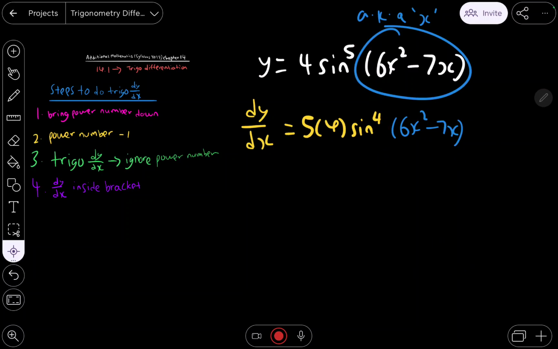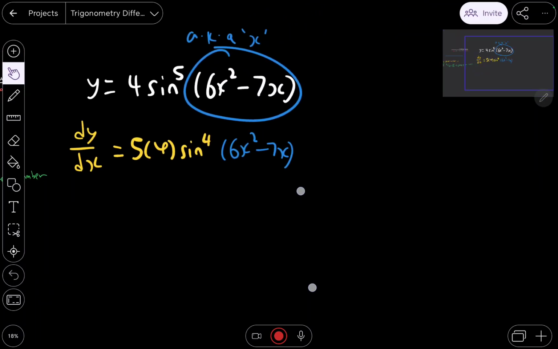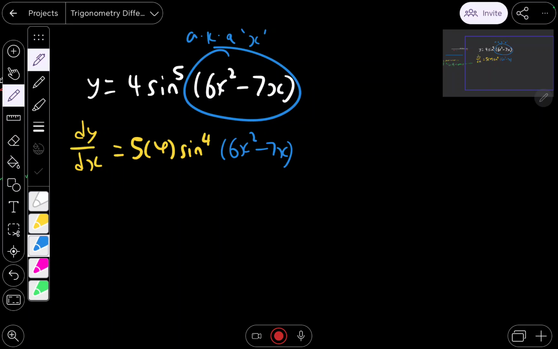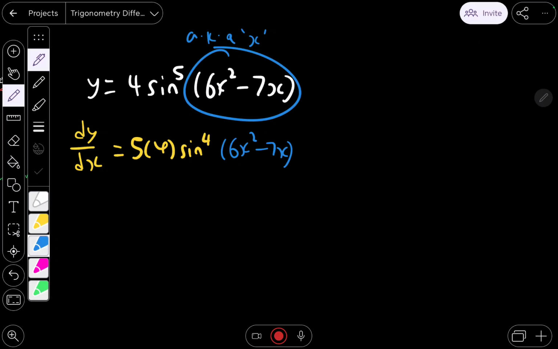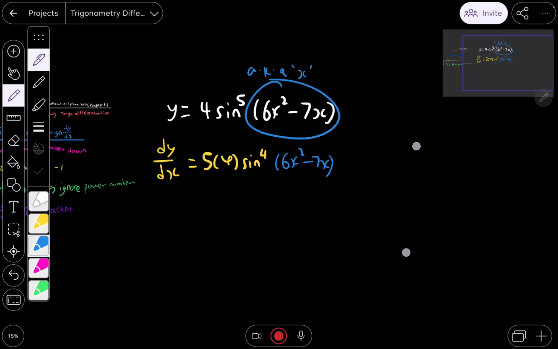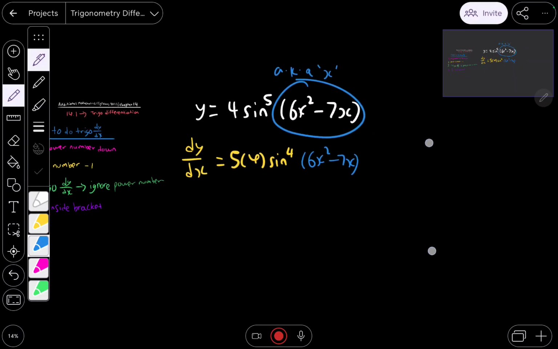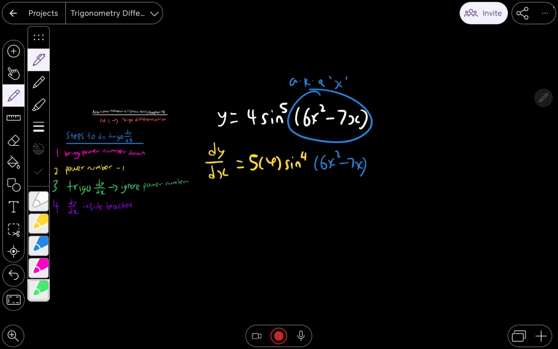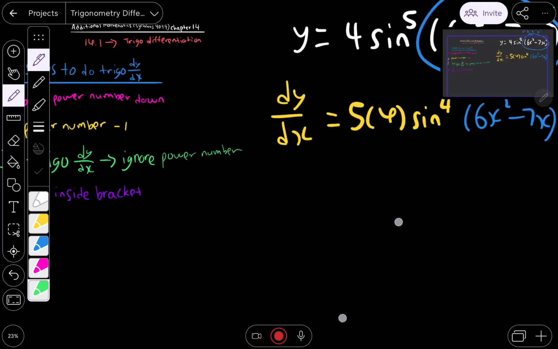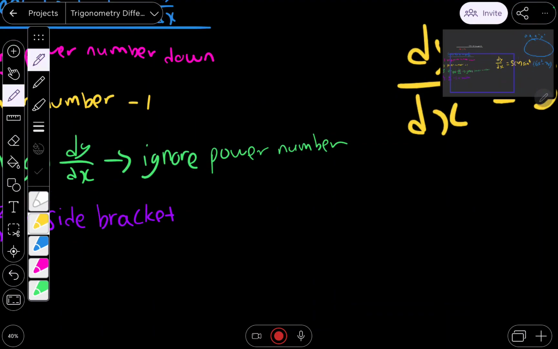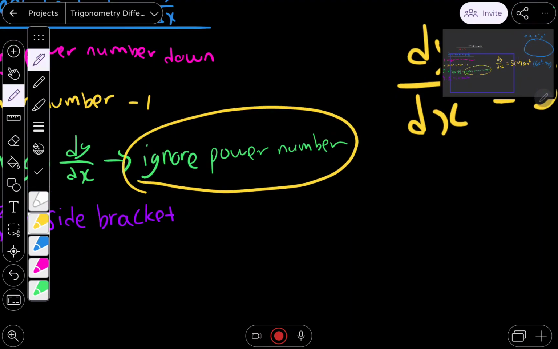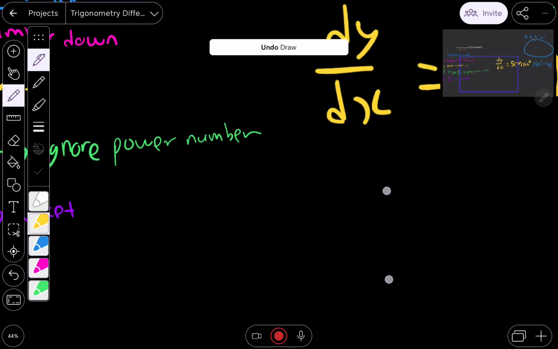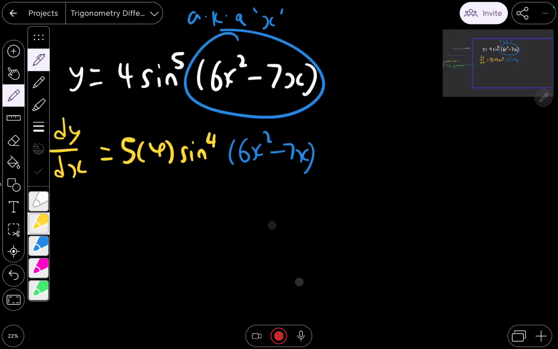Okay, so I will now start my trigo differentiation. We have done step 1 and step 2. Now step 3, trigo differentiation. What's the keyword here? Keyword is to ignore your power number, ladies and gentlemen. So what do I mean by ignore power number?